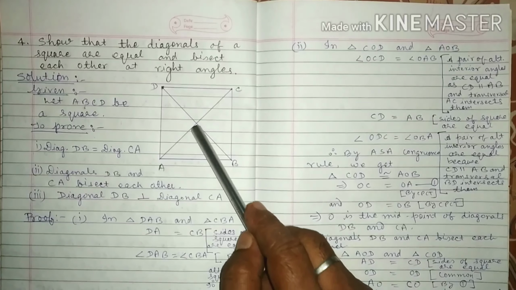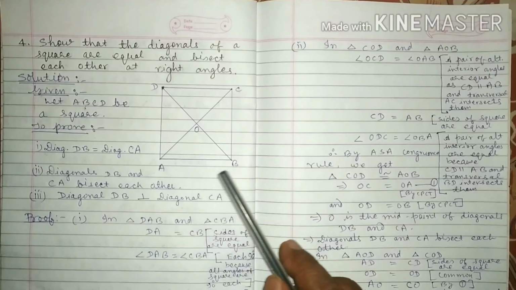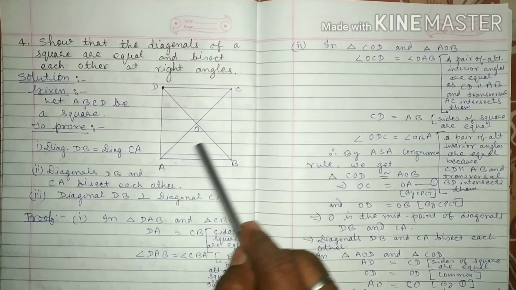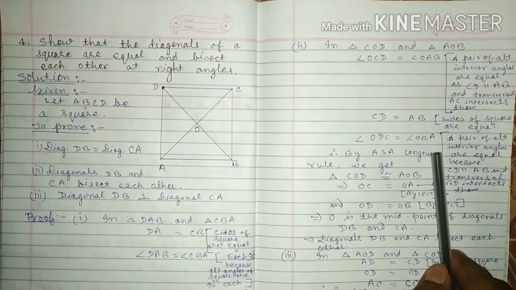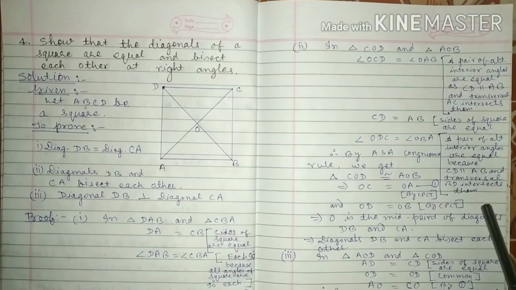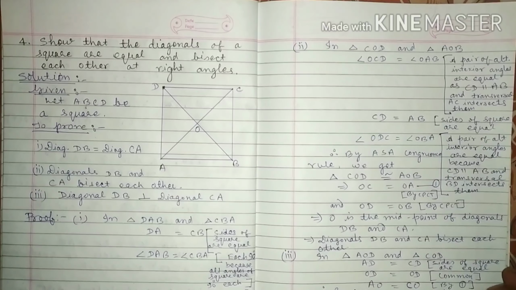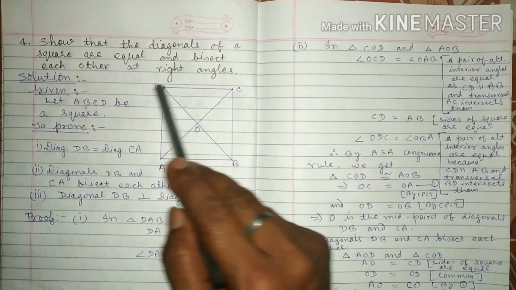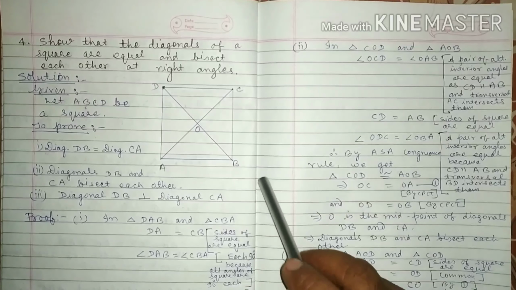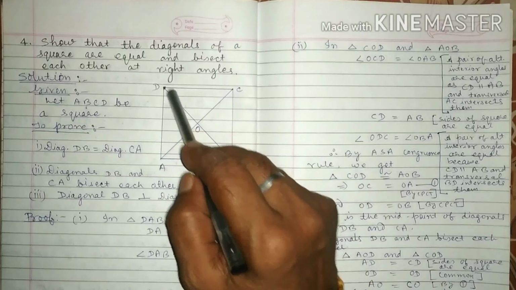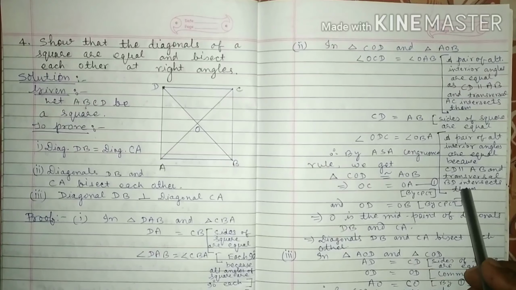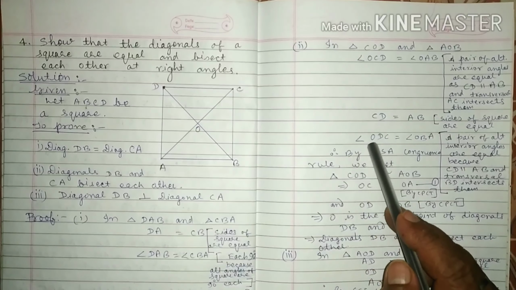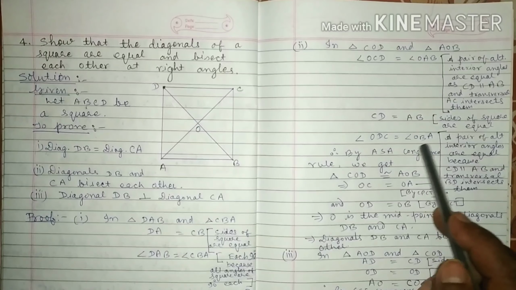Angle ODC equals angle OBA. These are a pair of alternate interior angles which are equal because CD and AB are parallel and transversal DB intersects them.